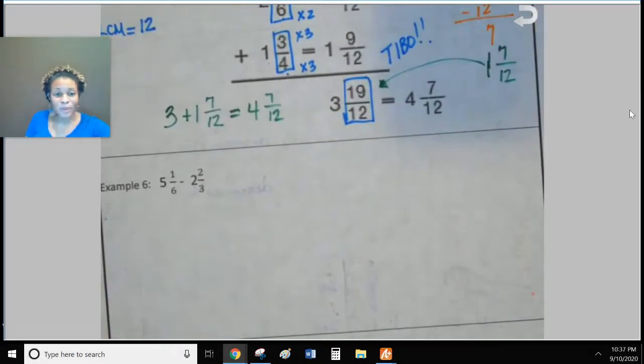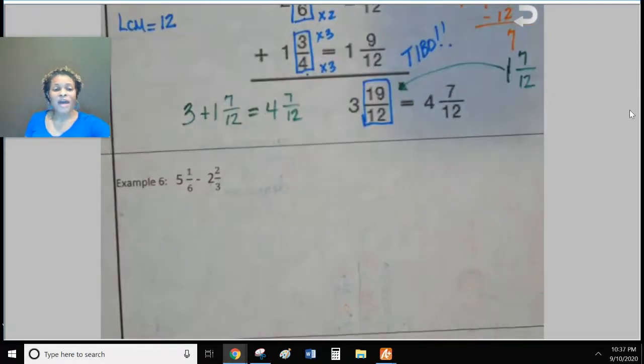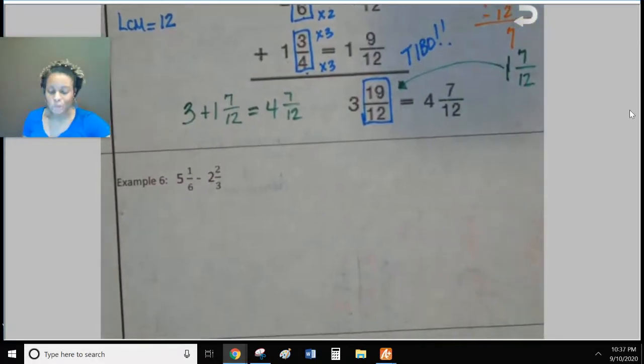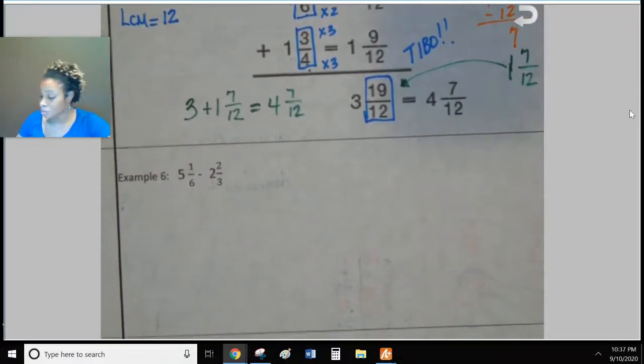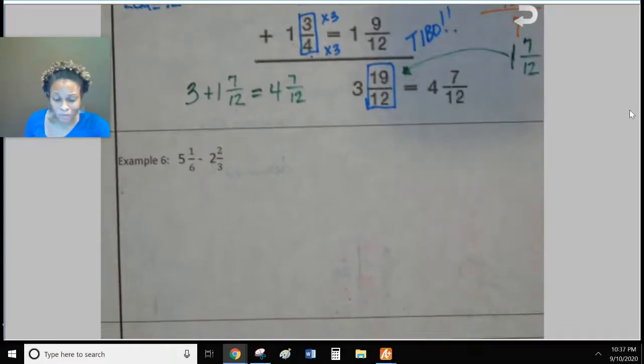So this time we are subtracting 5 1/6 minus 2 2/3. First thing I want to do is I want to make these improper, or you can just change the fractional piece. So it's two ways you could do it. I'll show you both ways.